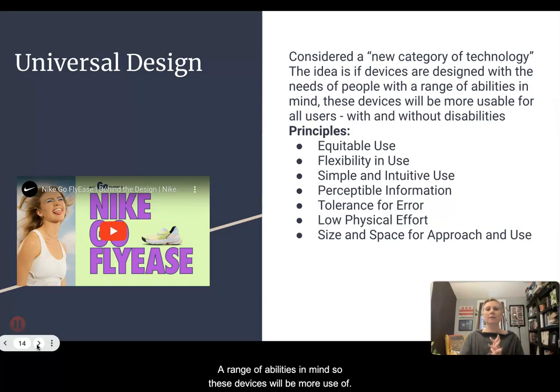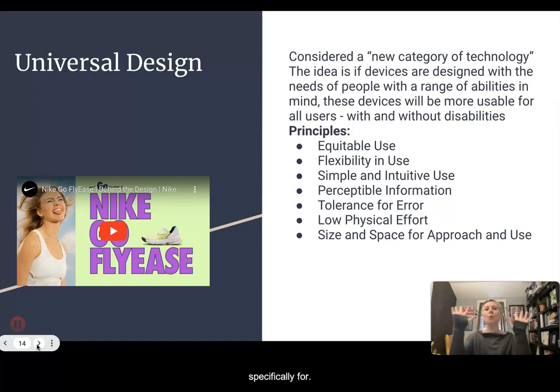So these devices will be more usable for users with or without a disability. So these were not designed specifically for a person with a disability in mind. They were designed specifically for the whole population to be able to use. And this is a great example of universal design that is amazing for people with disabilities.